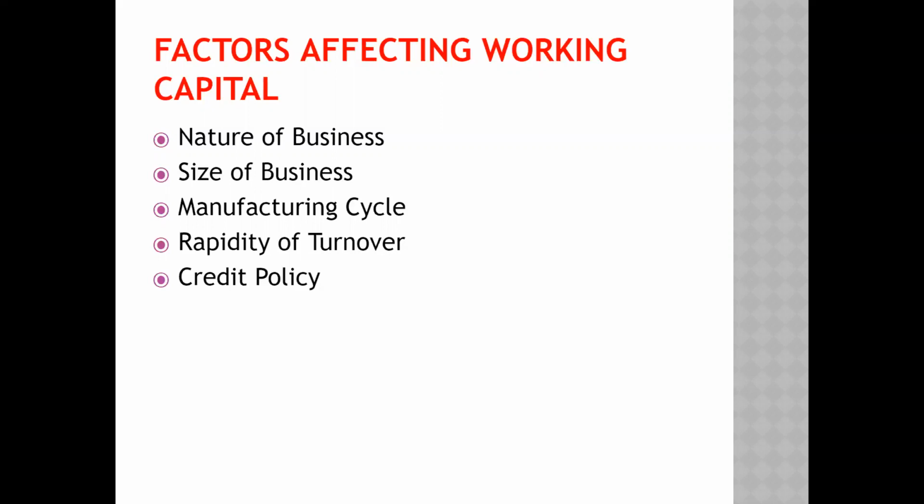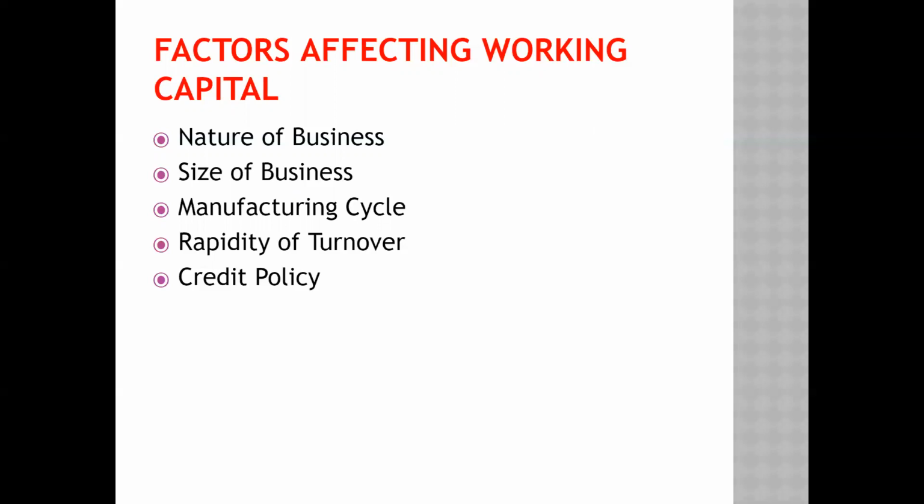Then rapidity of turnover. Turnover means the speed with which the amount of working capital is recovered by the sale of goods. So if there is a liberal credit policy, you cannot get cash timely, so more working capital will be needed. If you are getting timely payment, with a tight credit policy, less working capital will be needed.